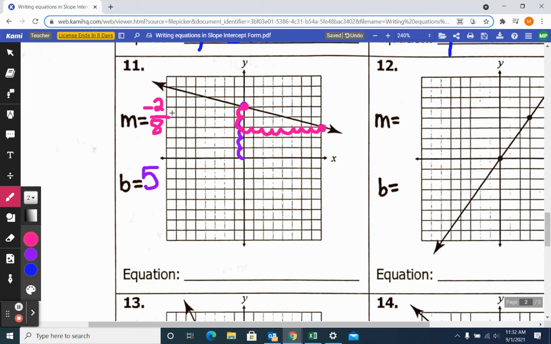Are those both divisible by 2? All right, so reduce it. So divide it. It's going to become -1/4. So that's my slope. Y equals -1/4 x plus 5.